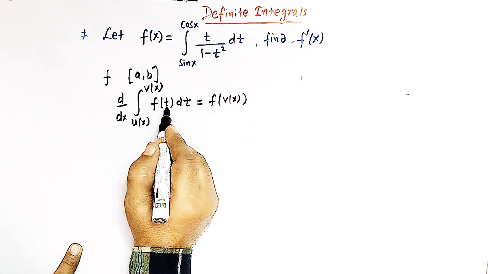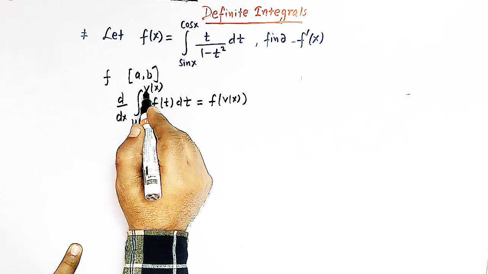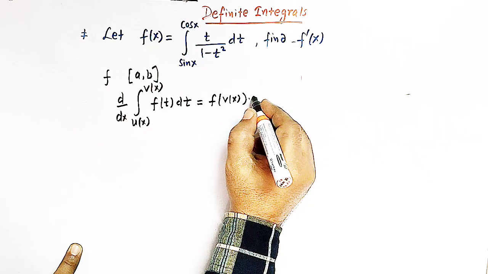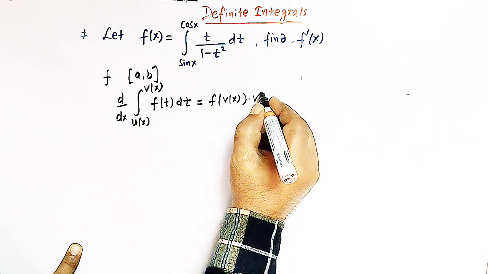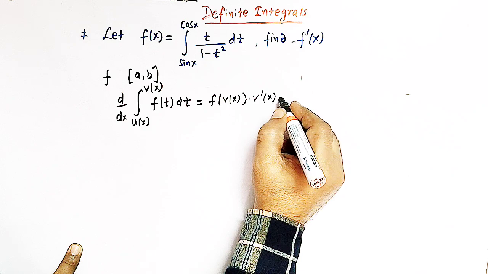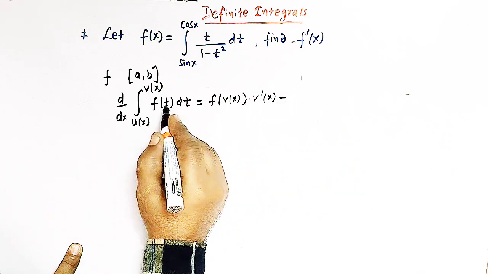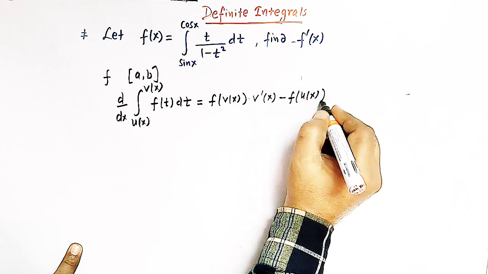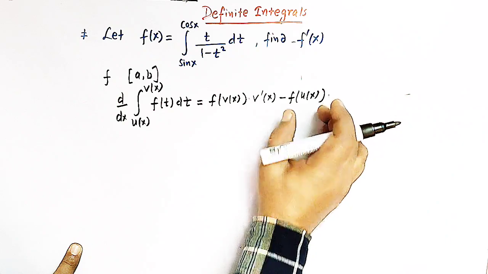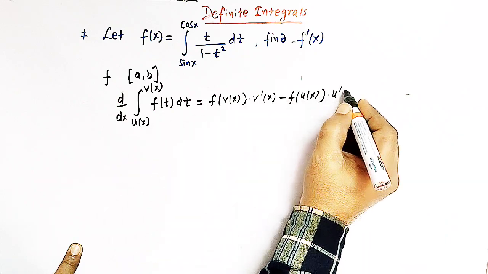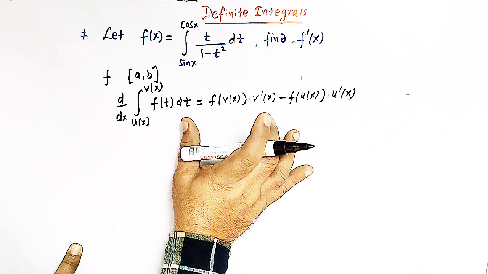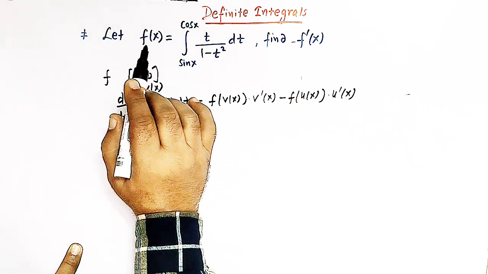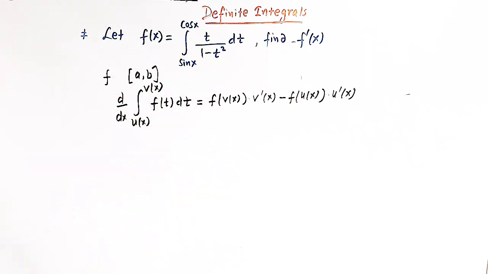First we replace t by the upper limit v of x, and then we multiply this quantity by the derivative of the upper limit, that is v prime of x. Then we have a negative sign, and we replace t by u of x, so we have f of u of x, and we multiply this quantity by the derivative of u of x, right? So this is our Leibniz integral rule, which we are going to use to get the derivative of this function f of x.